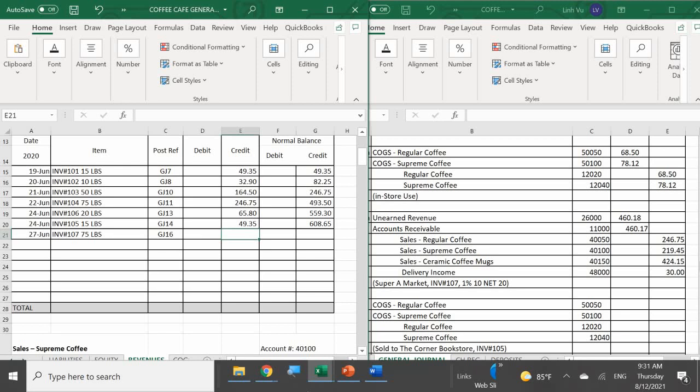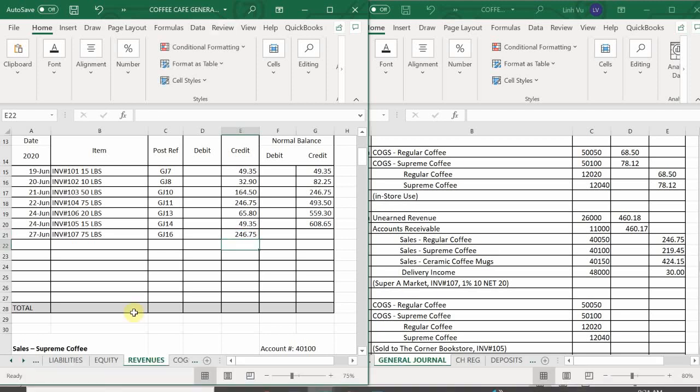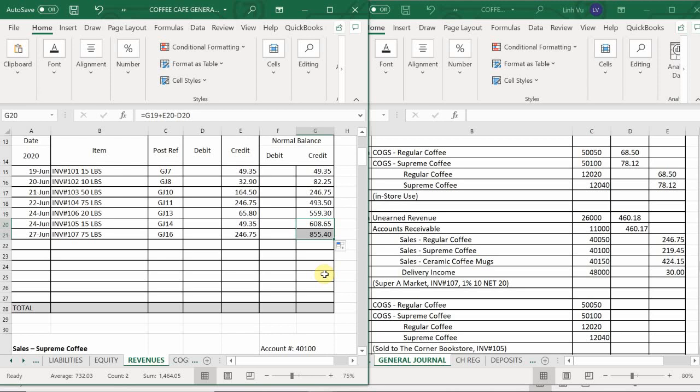General Journal 16. Our credit amount is 246.75, for a grand total of 855.40. Good.